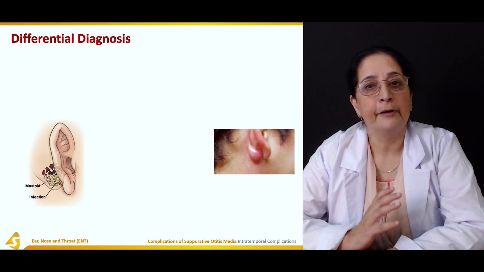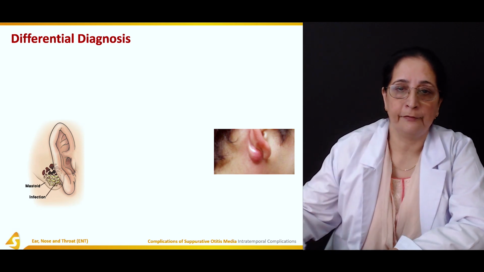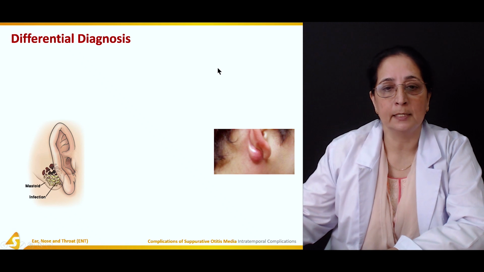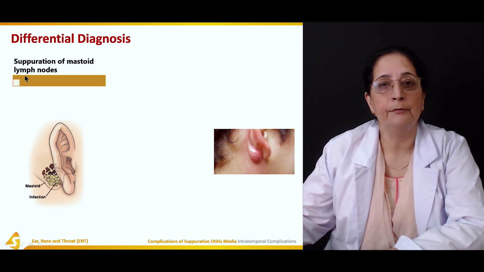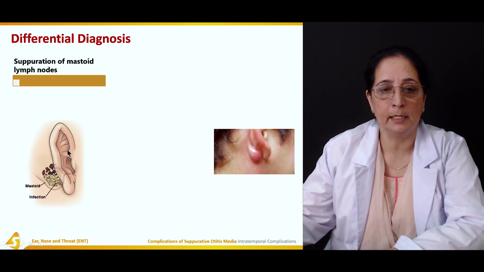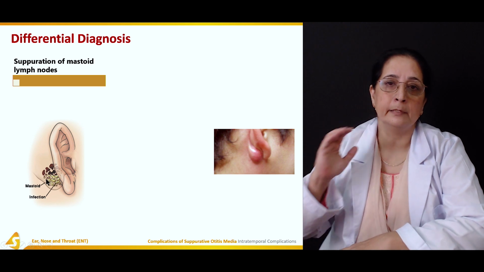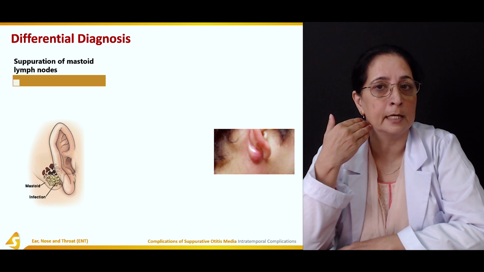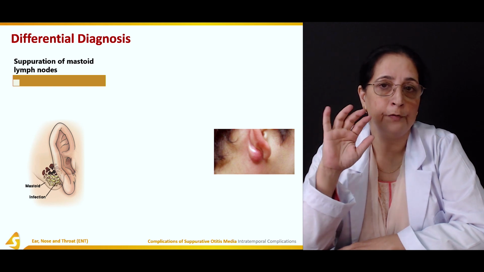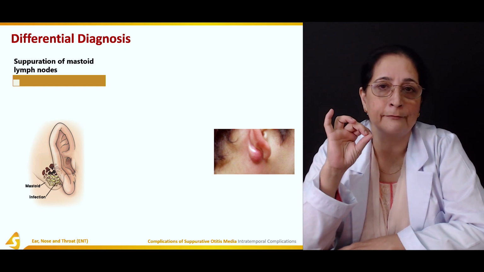Then what's the differential diagnosis? Differential diagnosis is suppuration of mastoid lymph nodes. This is the area of the mastoid. Sometimes when the mastoid lymph nodes are involved, this area is swollen, and you can feel these swollen lymph nodes.